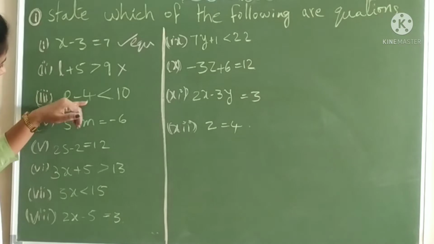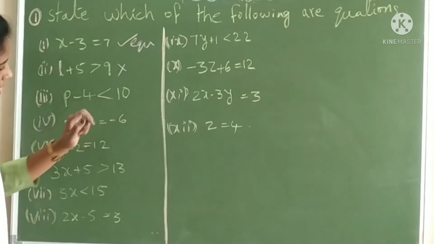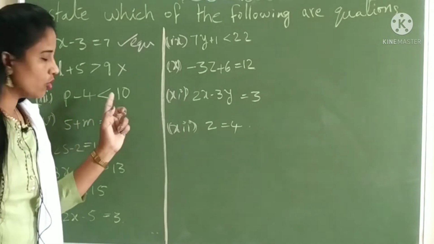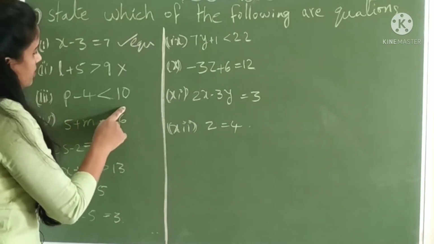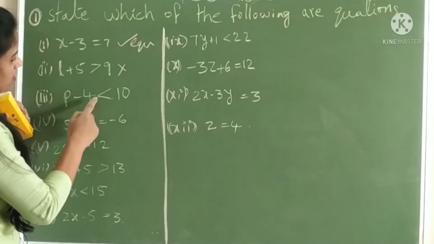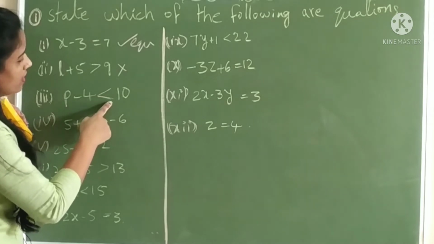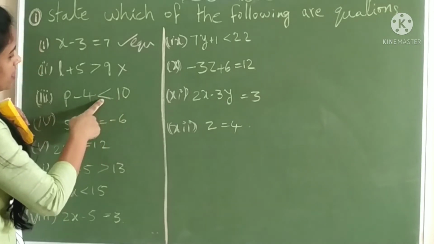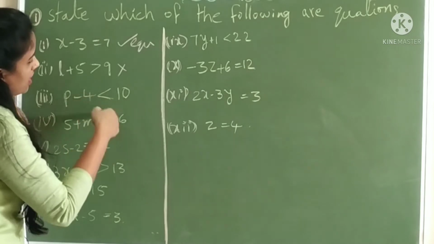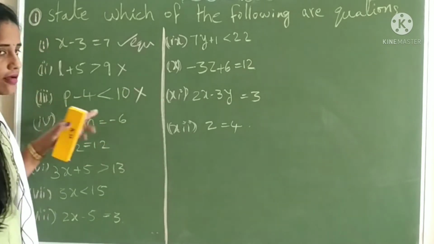And p minus 4 is less than 10. Is this an equation? No, this is also not an equation. Why? Because this statement doesn't have an equal sign. It has a less than sign.